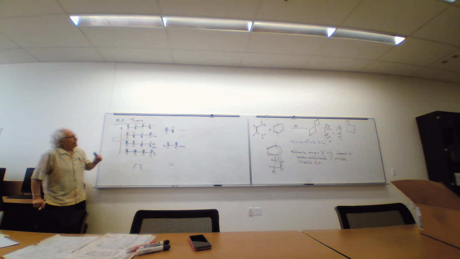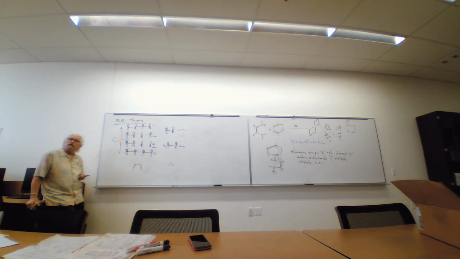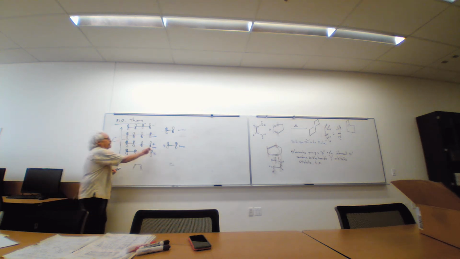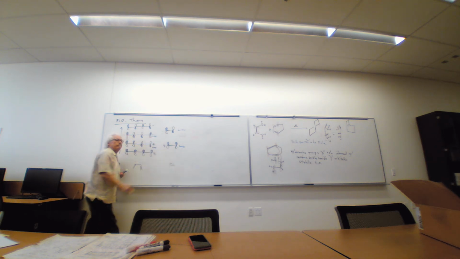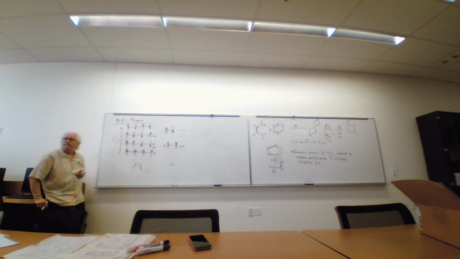So, I want to put the HOMO electrons into the LUMO. Which way is it going to go easiest? Which HOMO electrons are going to go more easily into a LUMO than the other one? I can take these HOMO electrons and put them up there. Or I can take these HOMO electrons and put them up there. Which one's smaller?